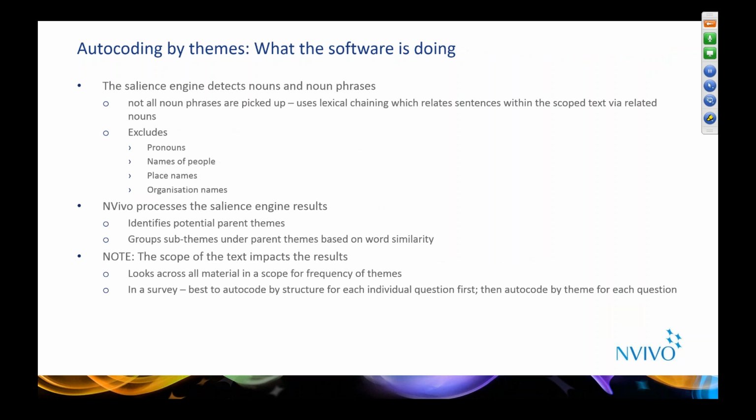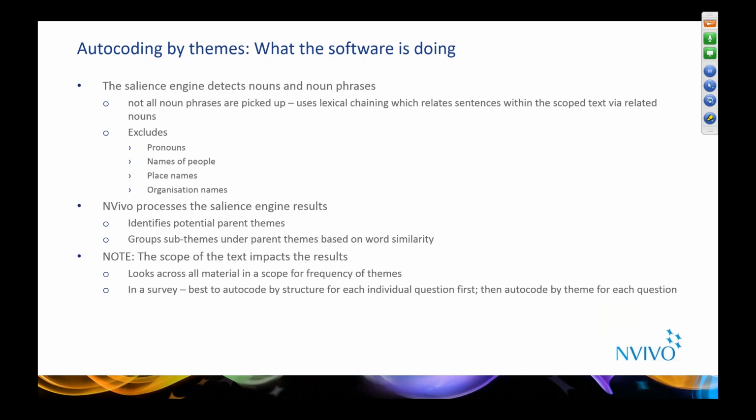So just to explain what the software is doing, what's in that black box: the salience engine that NVivo uses detects nouns and noun phrases. And not all noun phrases are picked up. It uses lexical chaining, so it relates the sentences within the scope of the text that you're doing your search in.